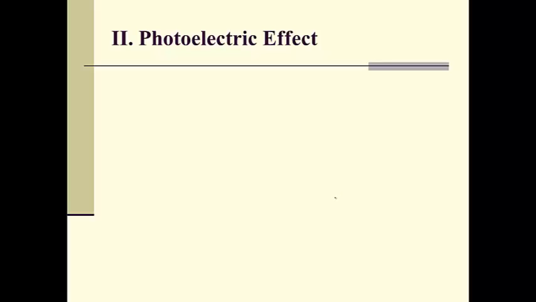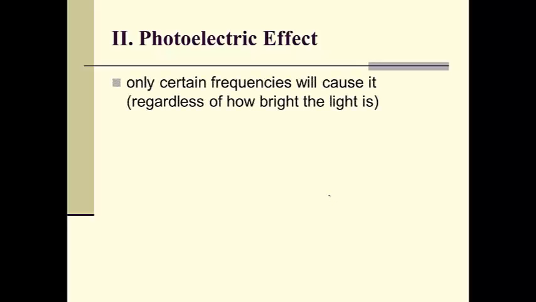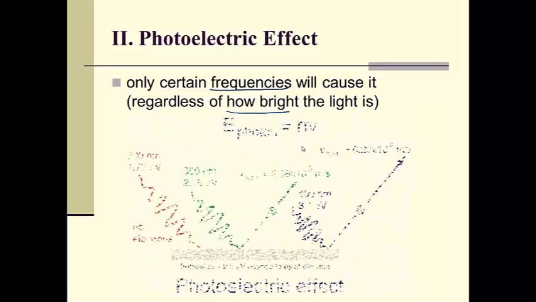And they thought, well, it's kind of cool. But as they started playing with the different frequencies or colors of light, they found that only certain frequencies would cause it. It didn't matter how bright they made the light, if they didn't have the right color, the right frequency, the photoelectric effect wouldn't work.